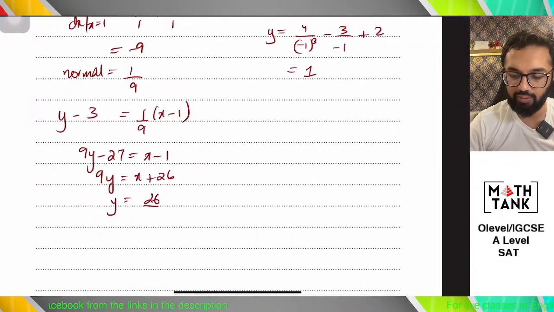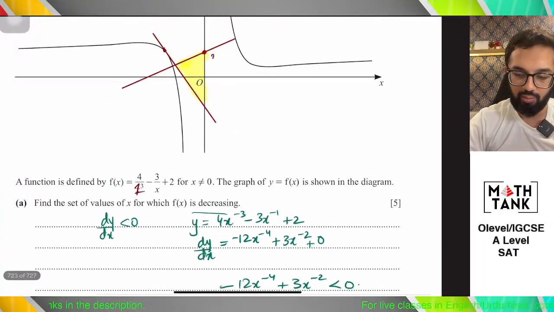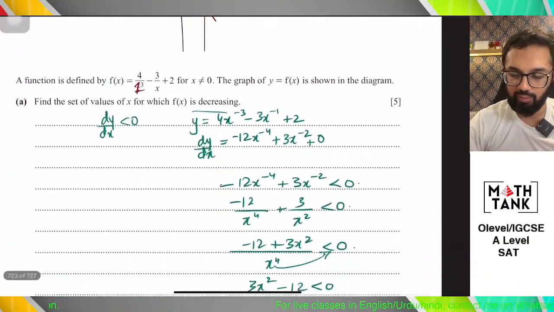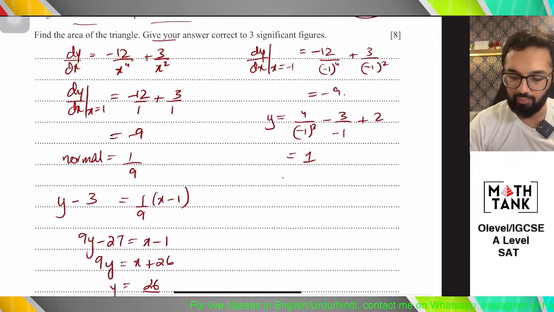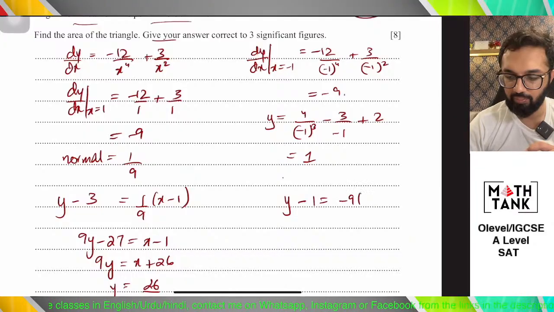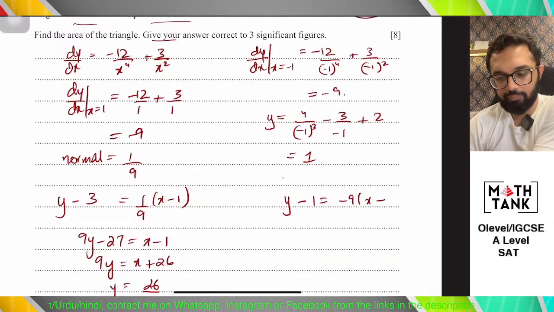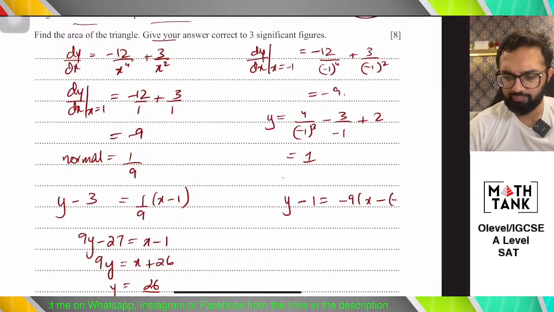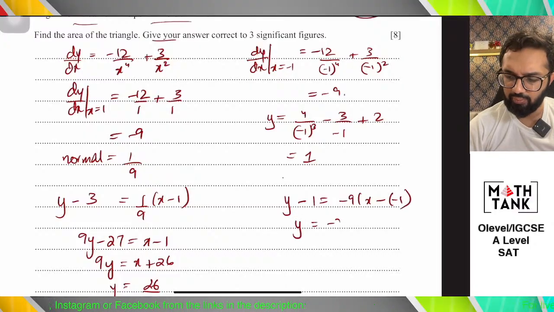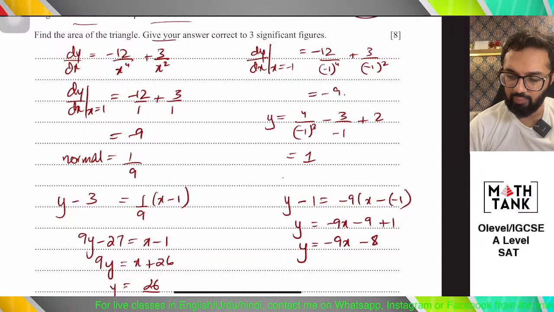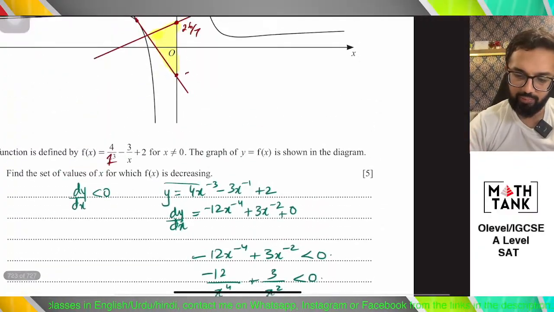It's 26 over 9. Find out this y-intercept using y minus y1 equals m times x minus x1. It looks like minus 8.